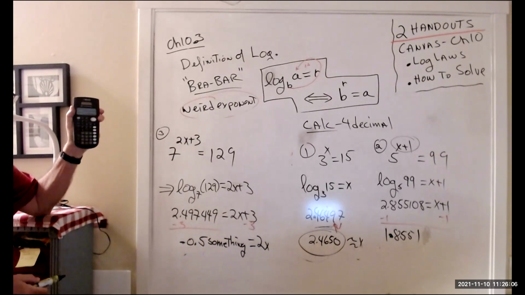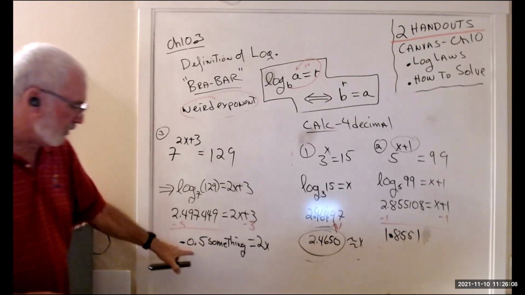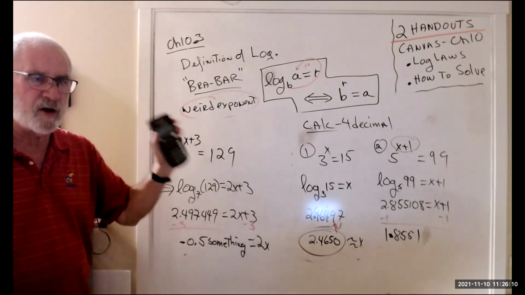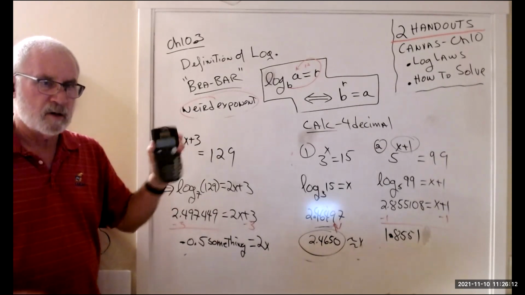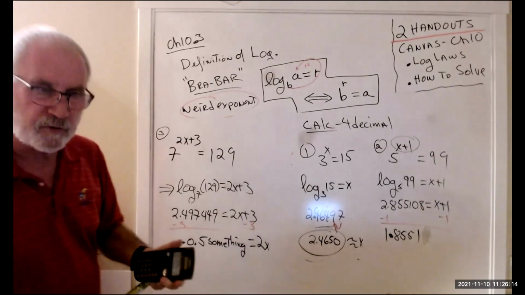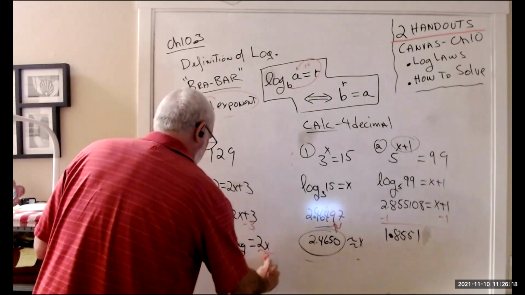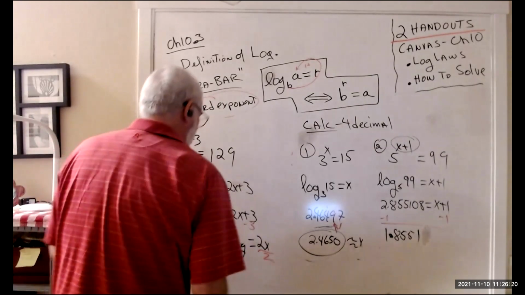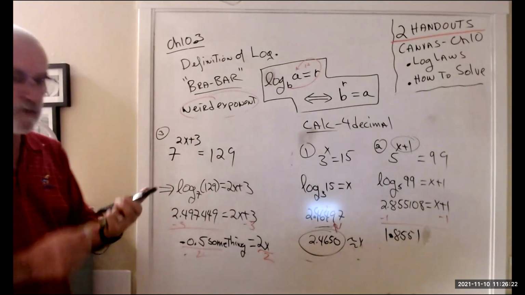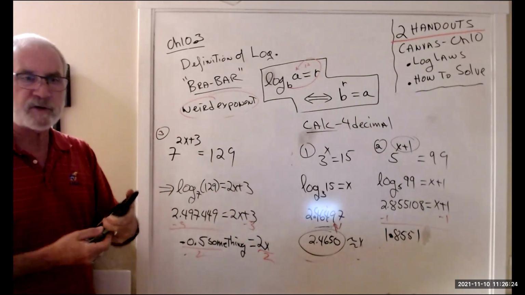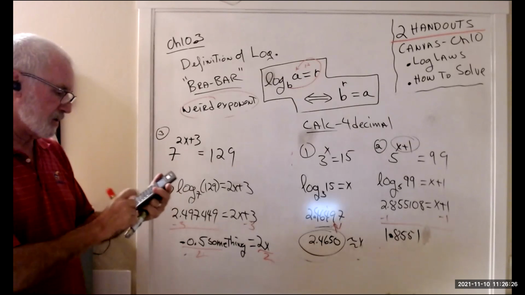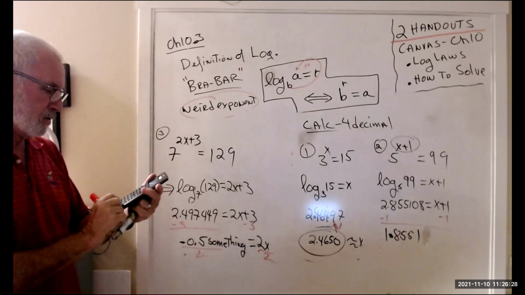Okay, so 0.5, who cares? It's here on my calculator, because I know my next step is I'm going to divide by 2, and I may as well do that on my calculator. This saves me from having to input all kinds of stuff. So whatever's on my calculator, I'm going to divide by 2.